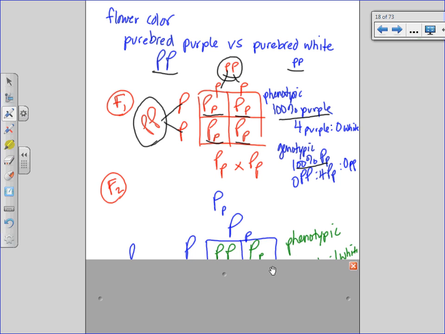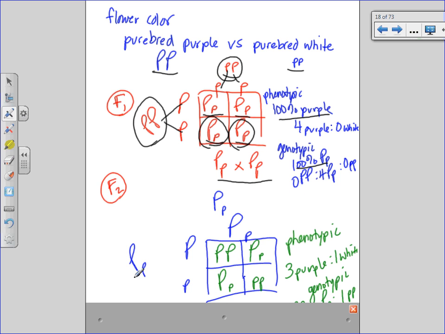In the F2 generation, if we took these F1 babies and we cross them by themselves, or self-fertilize them, because you're crossing them with themselves, they're going to have the same genotype, big P, little p by big P, little p.